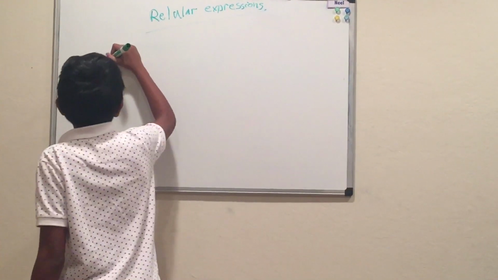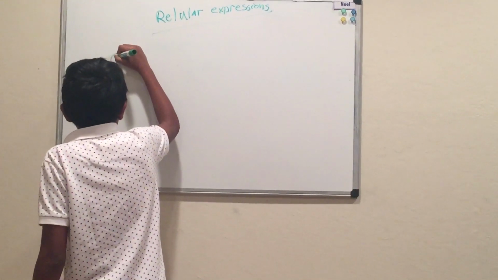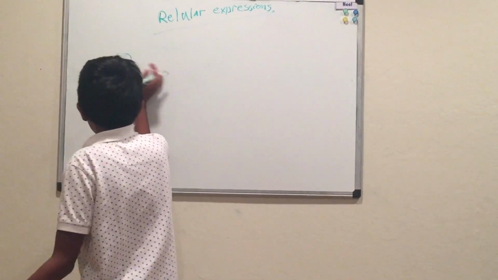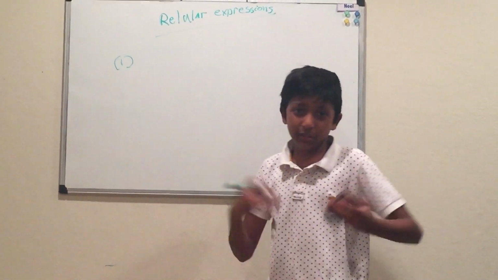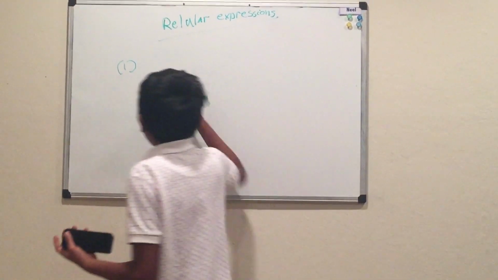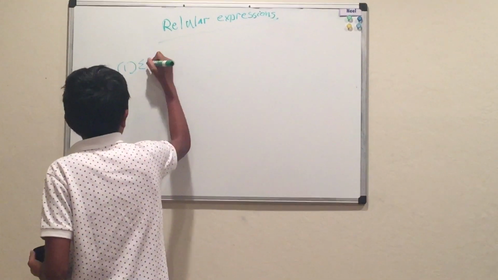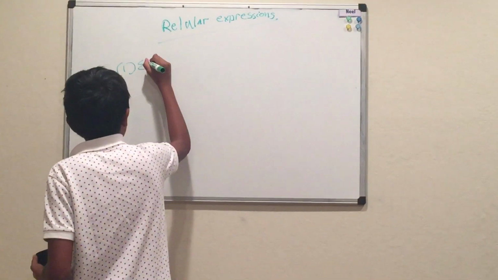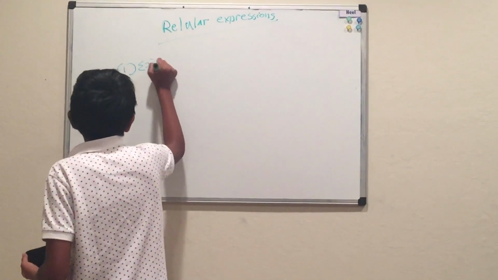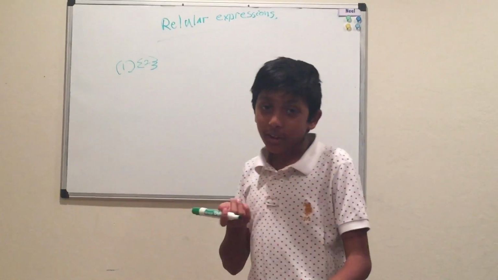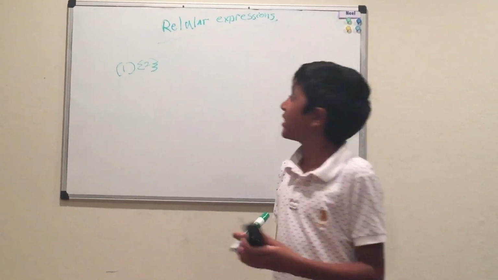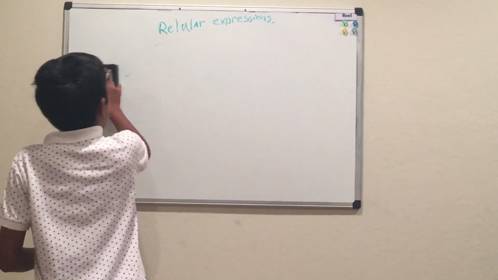So you can have this, and the group could be 1. It doesn't matter what you put in the group. You can put anything in the group. And then you could do curly brackets and then 2, which means that in the regular expression, it would be 2 1s.